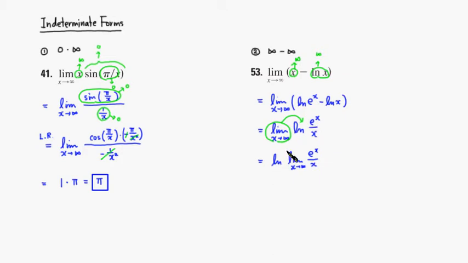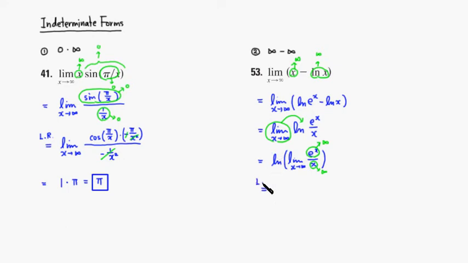We can write it like that. Then again, you have this perfect situation: e to the infinity goes to infinity and x approaches infinity. So now we have an infinity over infinity situation, so we can apply L'Hopital's rule.